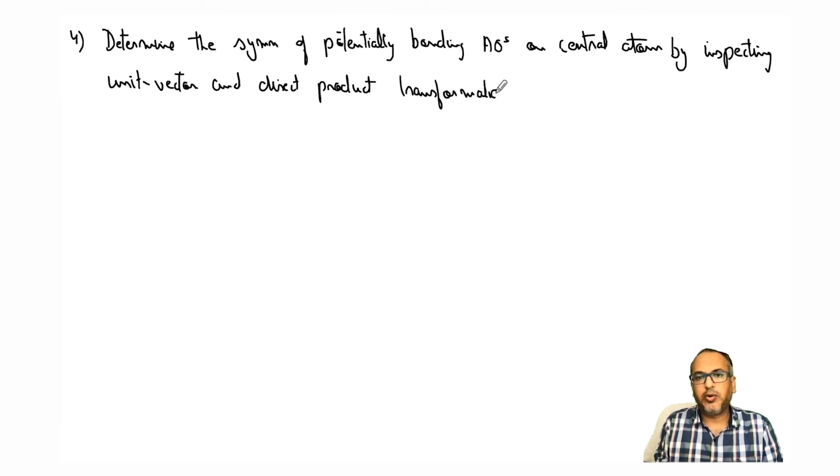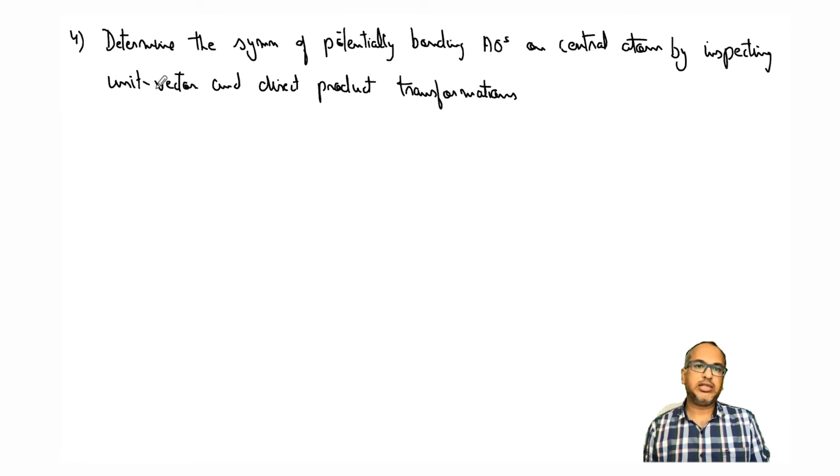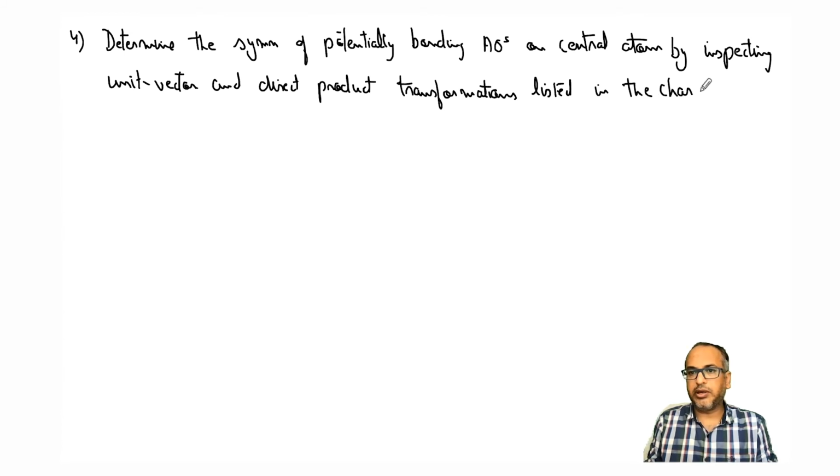For example, if you are looking at the symmetry of the px orbital, then you have to see what is the symmetry of the x unit vector transformation. And if you are looking for a d orbital symmetry, the corresponding direct product of xy has to be taken into consideration, right? This is, of course, listed in the character table, so you have to look at the character table.